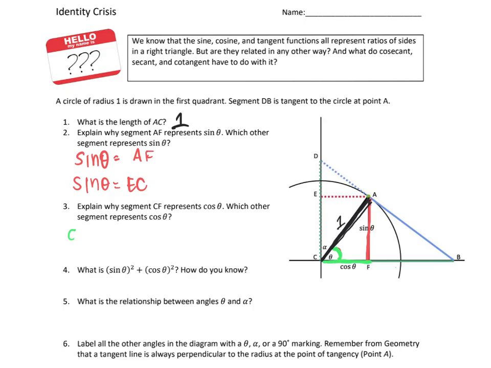So I'm going to write cosine of theta is equal to adjacent over hypotenuse. Our adjacent segment is CF, and our hypotenuse is 1. So doesn't that mean that cosine of theta equals CF? Because CF divided by 1 is just CF.